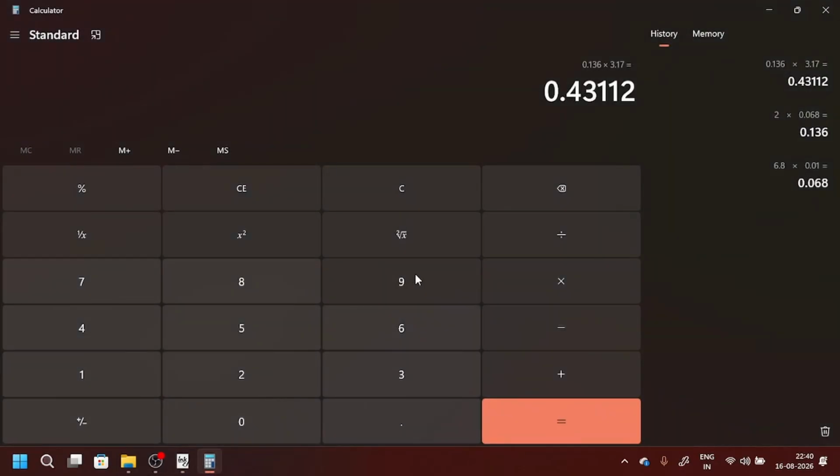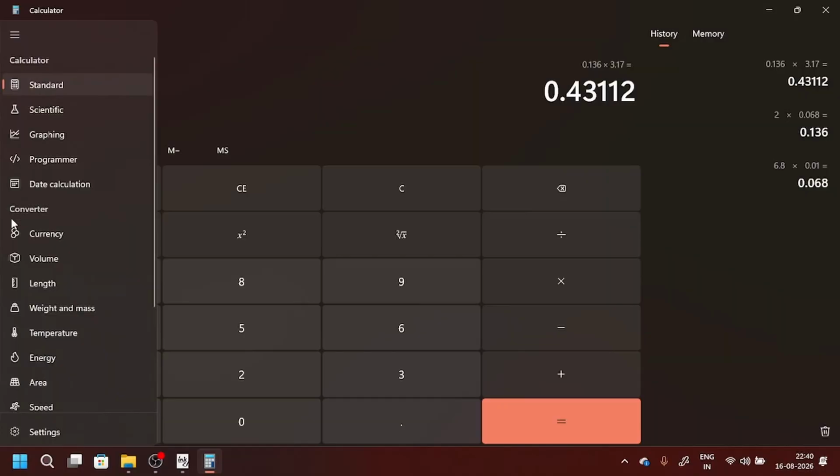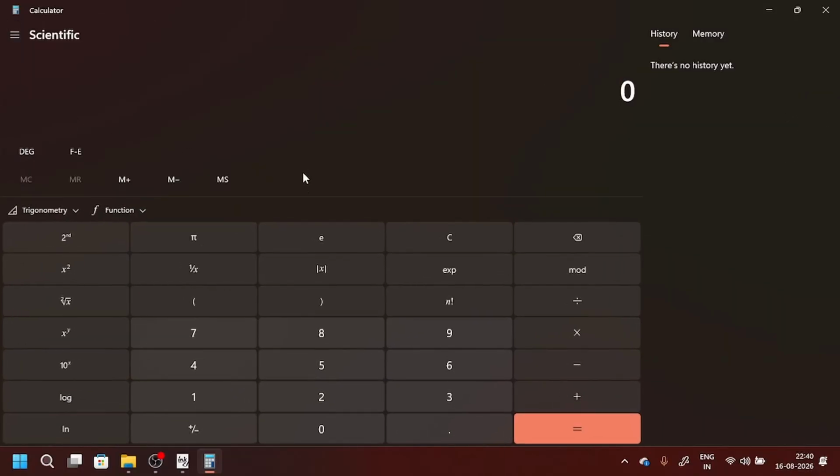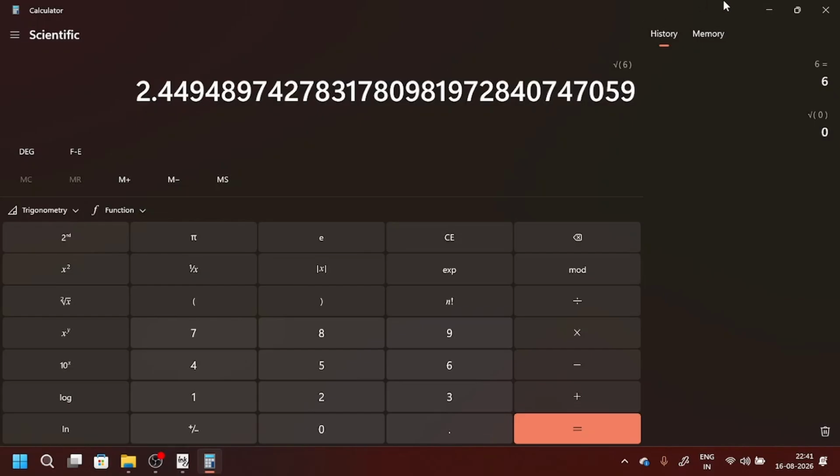So for the value of root 6, we need the scientific calculator. Square root of 6 is 2.44.